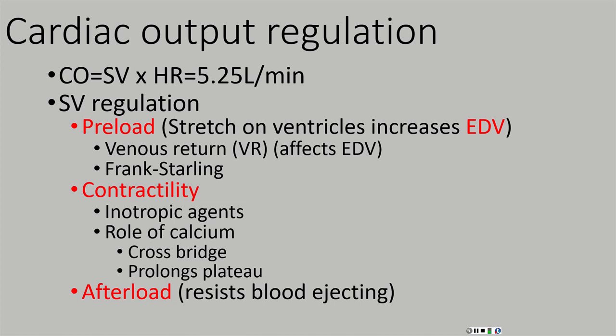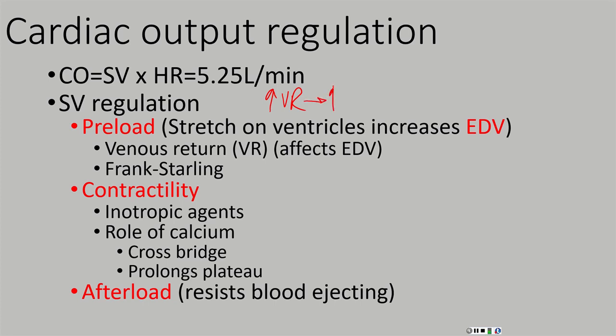Let's look at venous return. Venous return is one factor that can regulate stroke volume. The more blood that comes back to the heart, another way to say that is if there is an increase in venous return, then there will be more blood inside the heart.